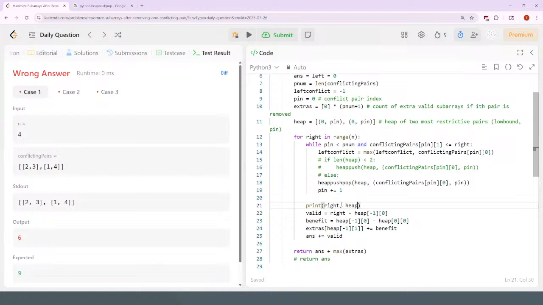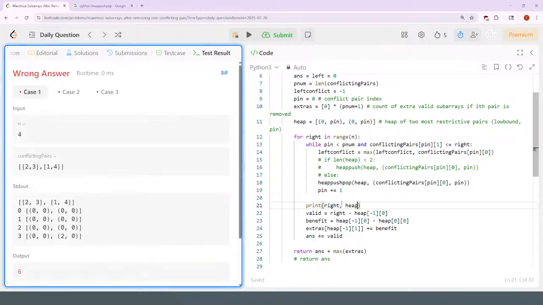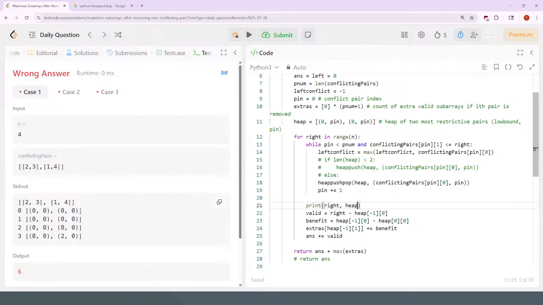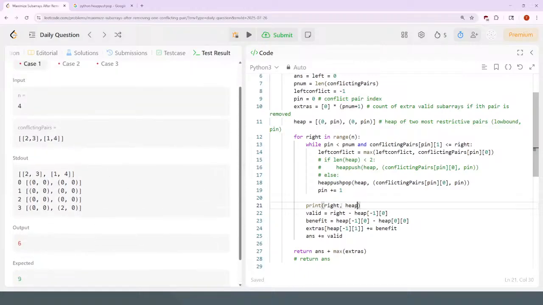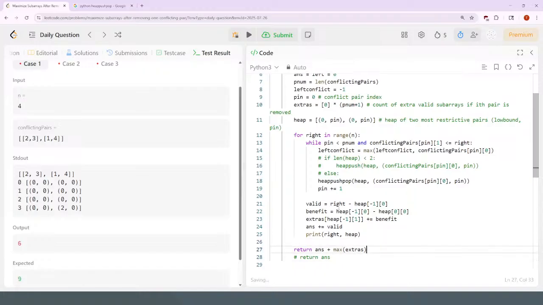Does this iterate to the end correctly? I think so. Okay, so let's print out here, and print out the extras here.